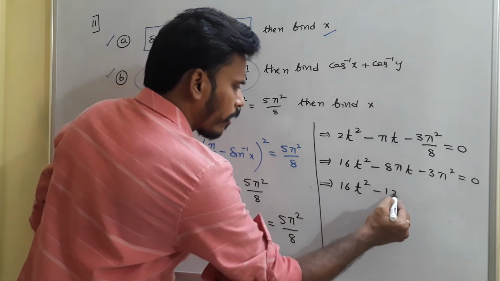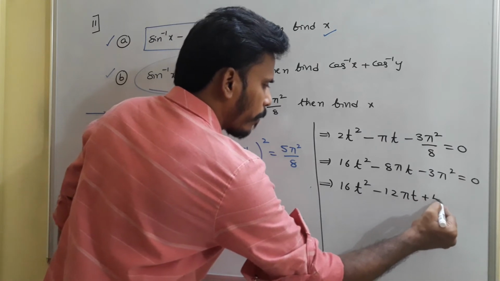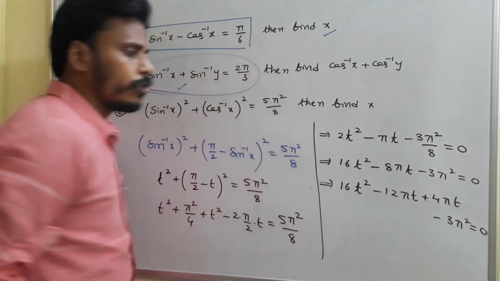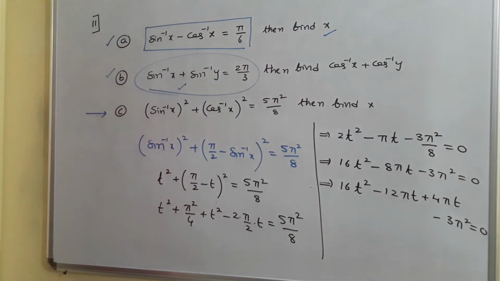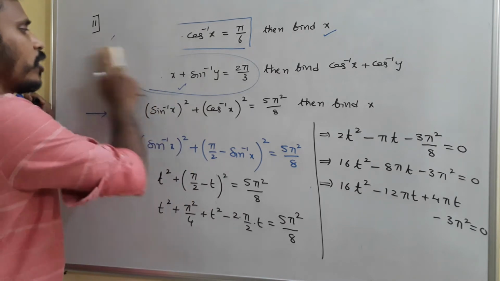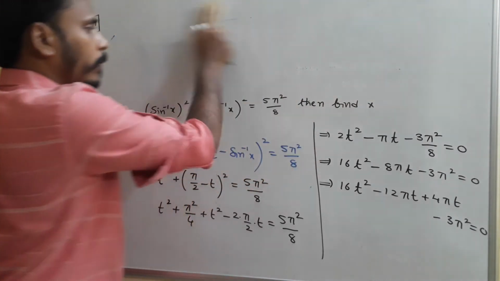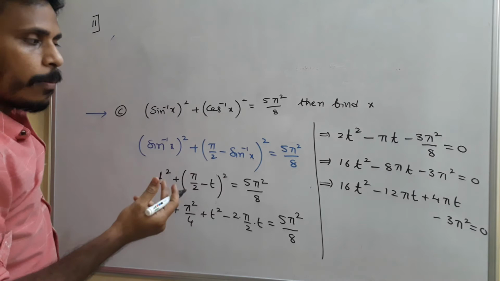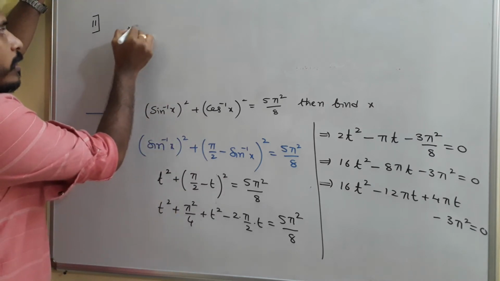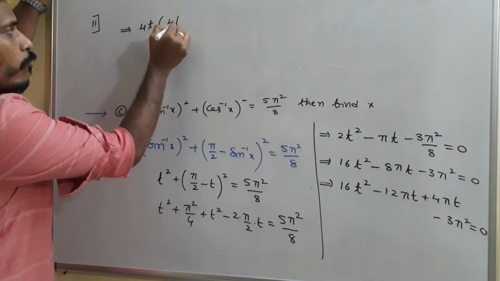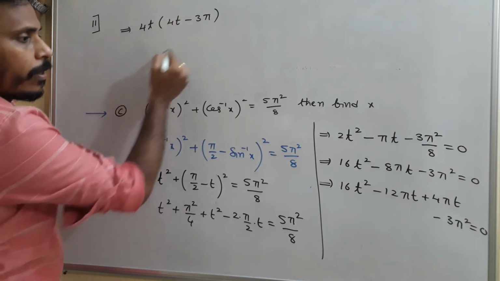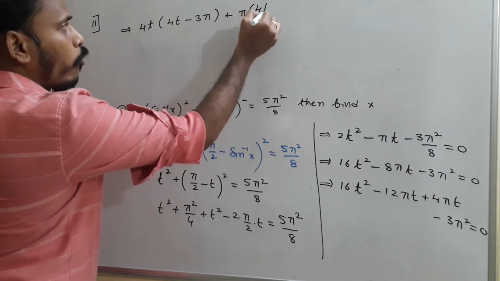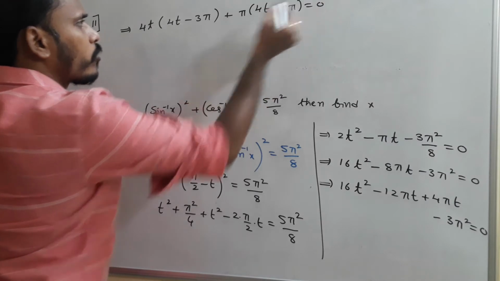16t square minus 12 pi t plus 4 pi t minus 3 pi square is equal to 0. So I am going with the usual factorization, right? For the space I am erasing these two. Just have a look. 16t square minus 12 pi t, from there you just common out 4t. So that implies 4t of (4t minus 3 pi), plus you just common out pi, then it becomes (4t minus 3 pi) is equal to 0.